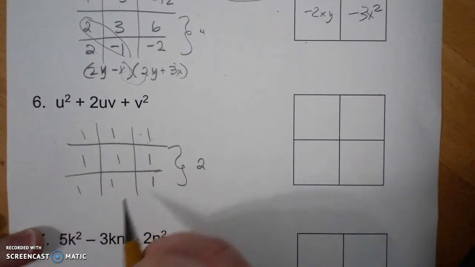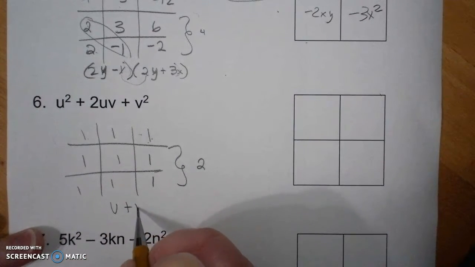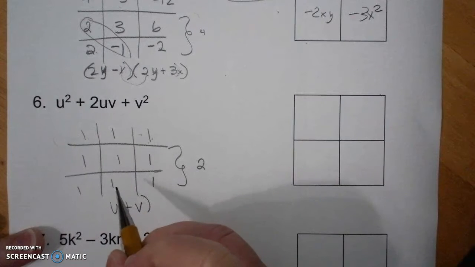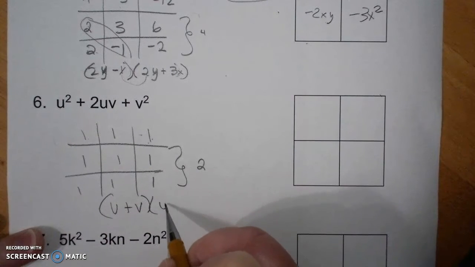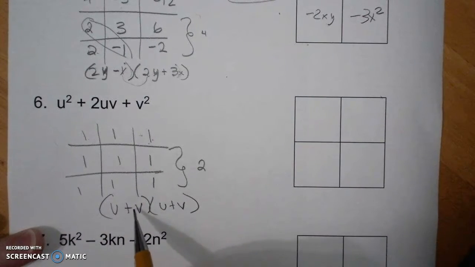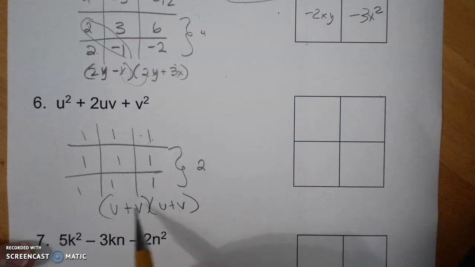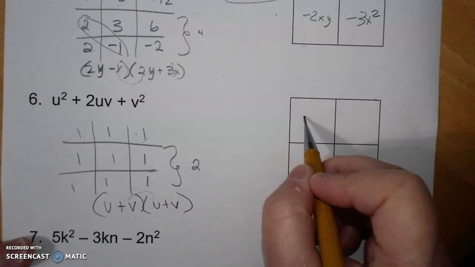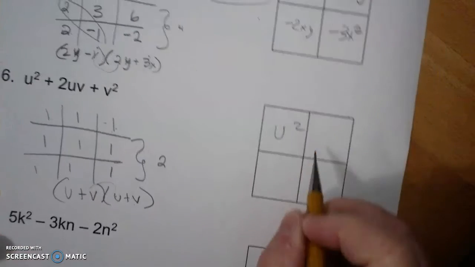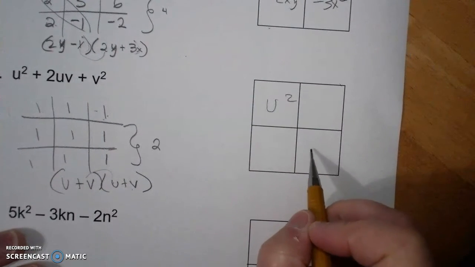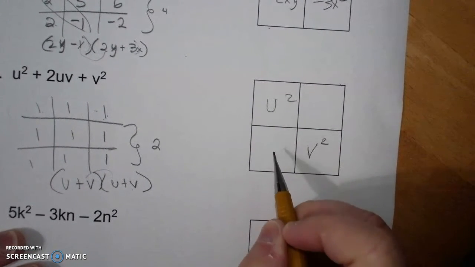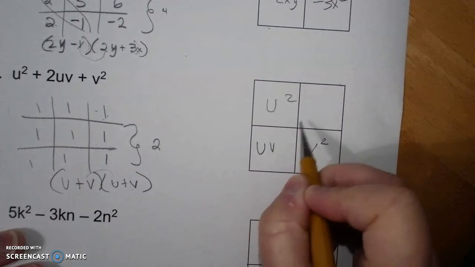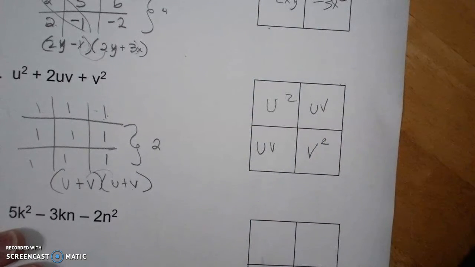These are 1s all the way around, so that's u plus v times u plus v. There's a uv, there's a uv. The rainbows are uv's, so that would be your 2 uv's. This would be u squared. This would be v squared. This would be a uv, and this would be a uv.